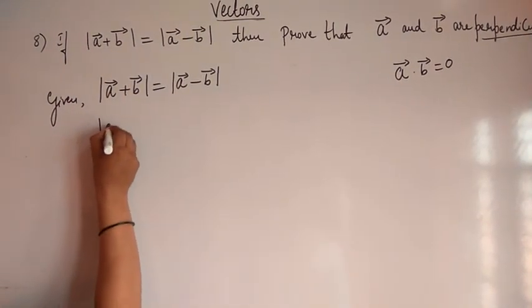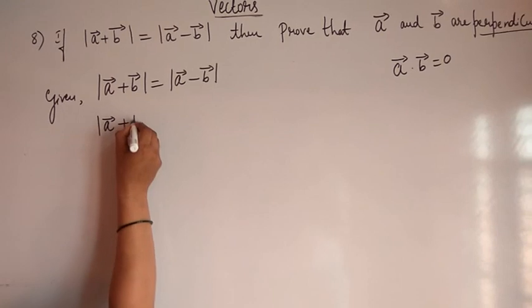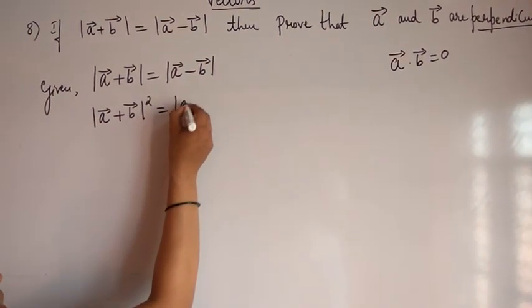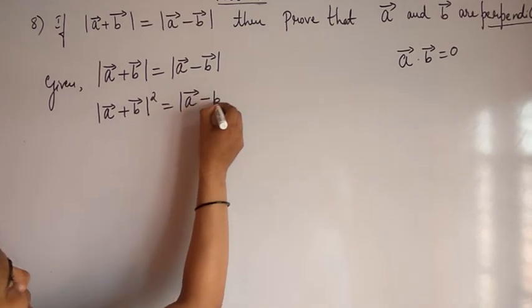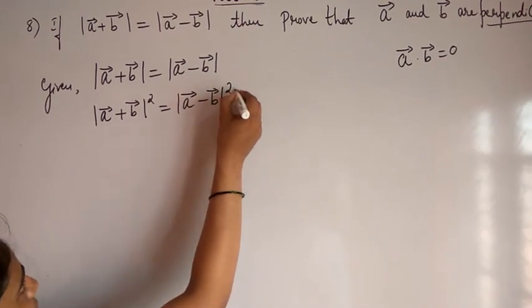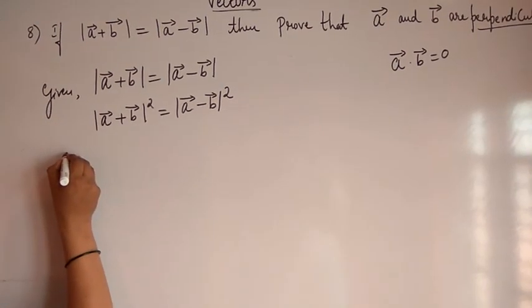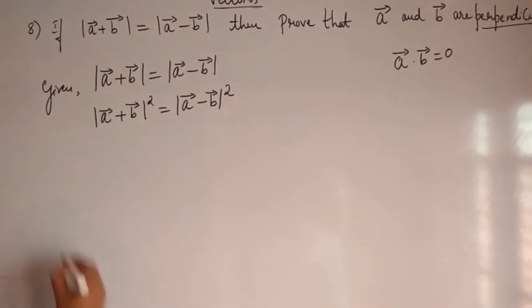If we take square on both sides, magnitude of vector A plus vector B whole square equals magnitude of vector A minus vector B whole square. So here we have the formula. What is magnitude of vector A plus vector B whole square? I have given it in the last class, right?